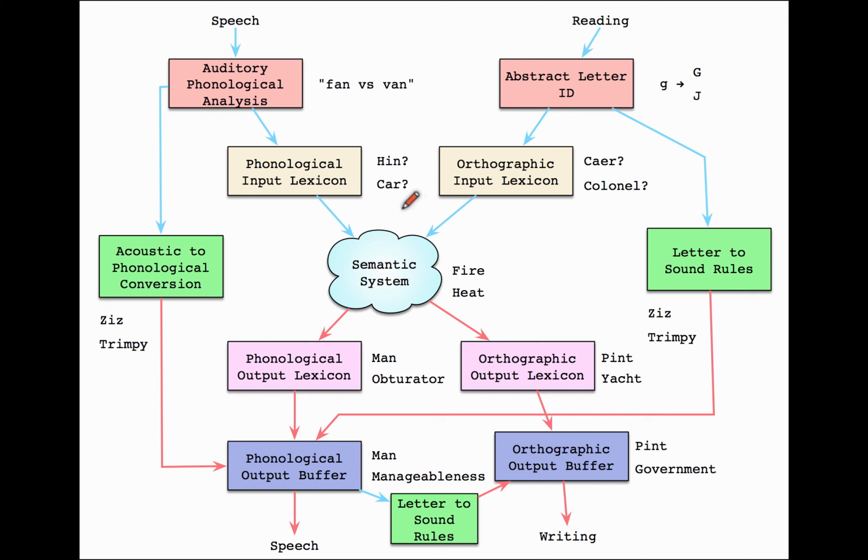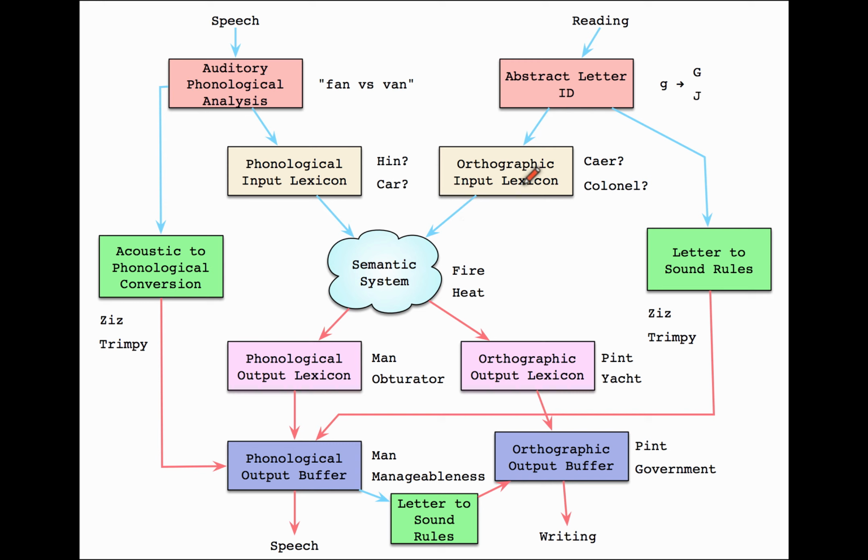Now, there are other models of language processing that say no, there aren't separate lexicons, and we have an argument for how you can get isolated damage to, let's say, orthography. Okay, but we're not going to go that deep in this class.